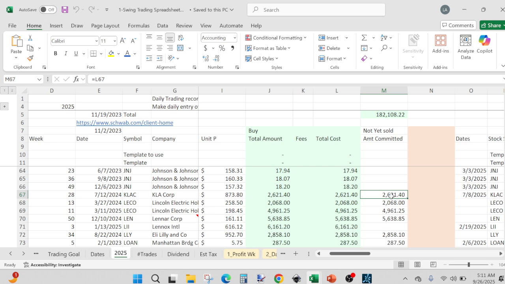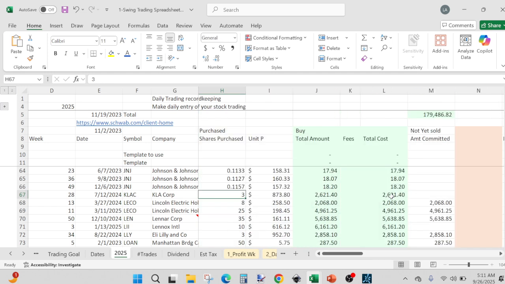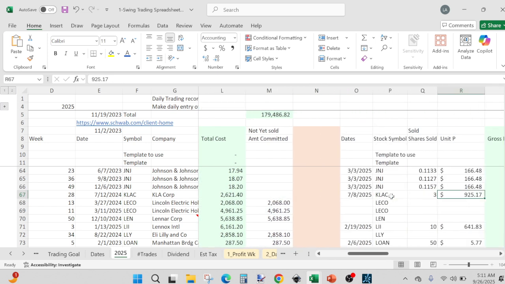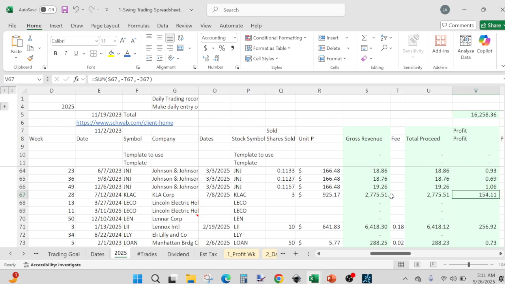I need to take this commitment out of there. So let's go back. For A73 or A74, we sold it for $9.25 a year later. So you just start small.